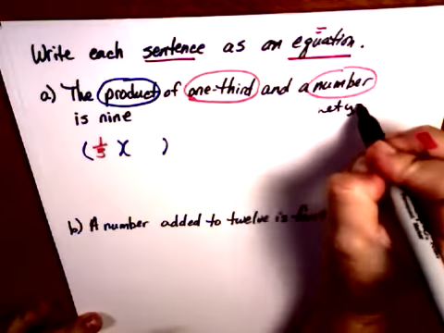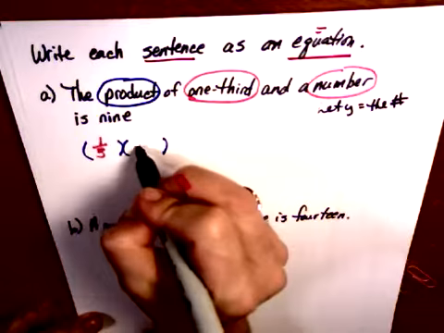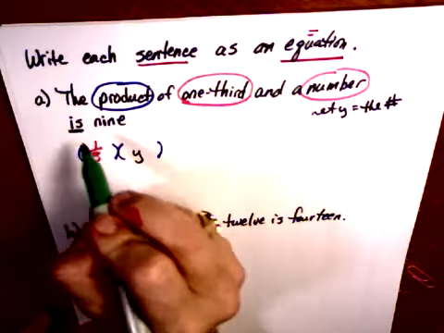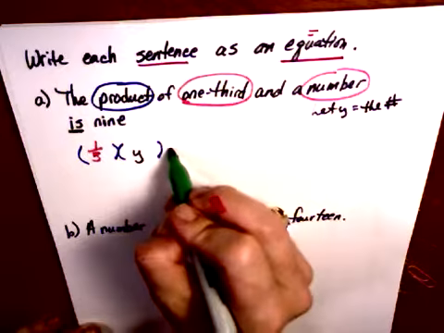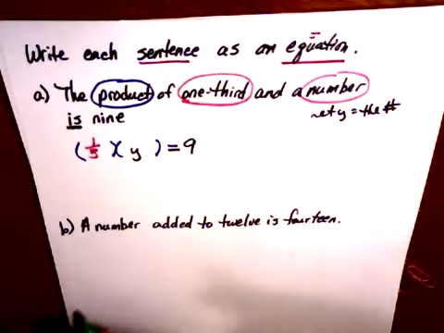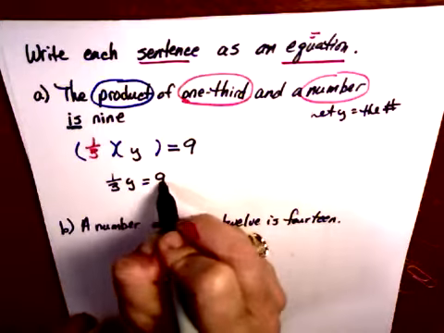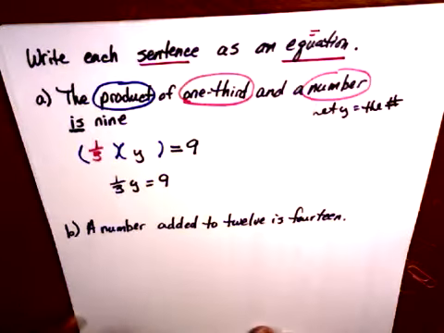Let's let y equal our number, just again for variety. It doesn't matter. Now we go back to our is. There's what makes it a sentence, what makes it an equation. There's my verb. Equals 9. Now we can clean that up a little bit and just make it 1/3 y equals 9. And I have that equation.